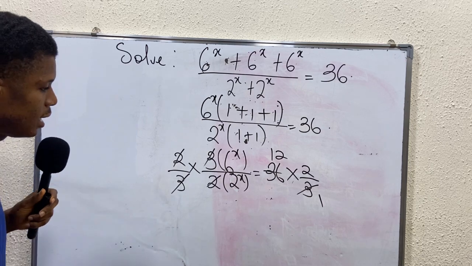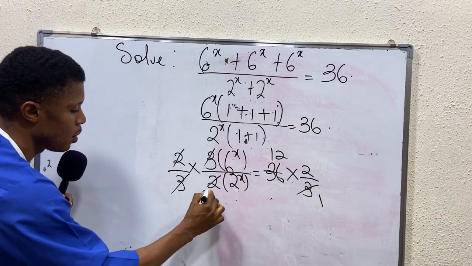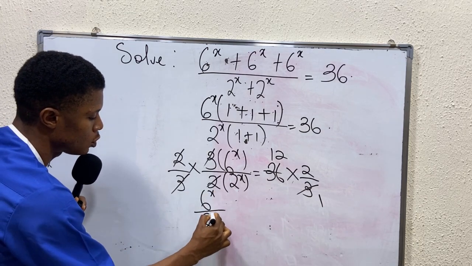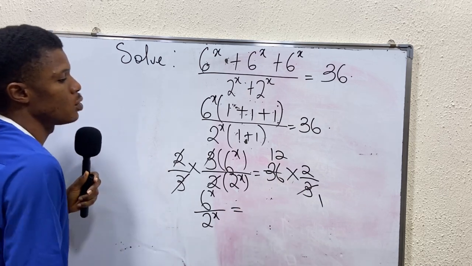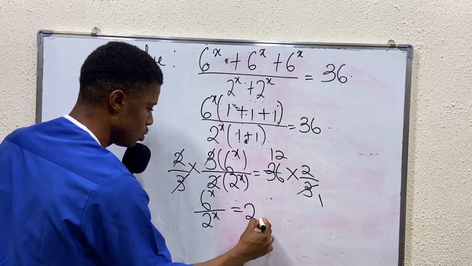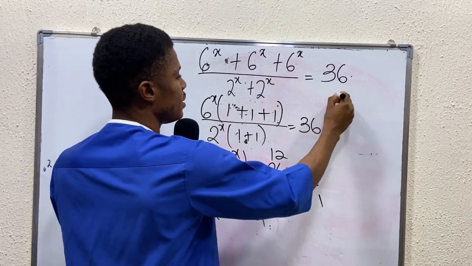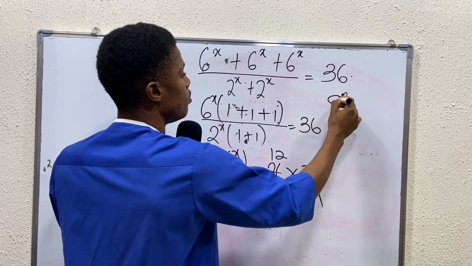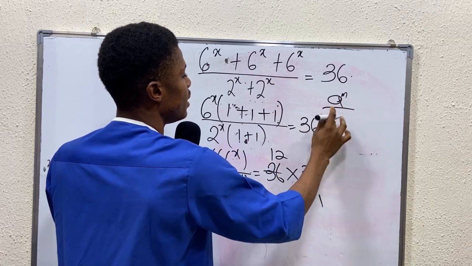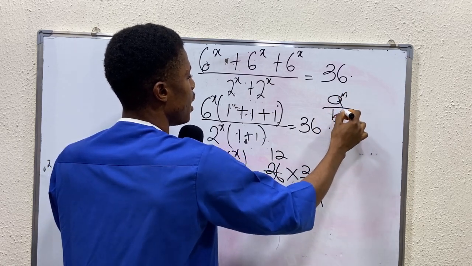Okay? At the end, we will be having 6^x divided by 2^x, and that equals 24.